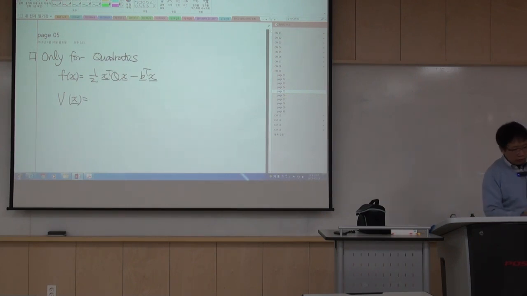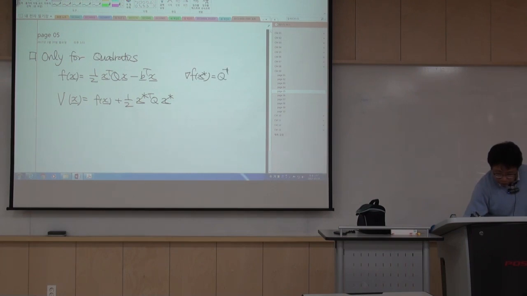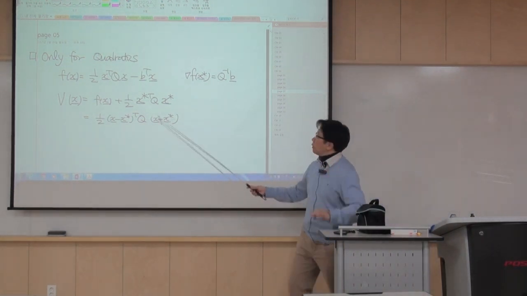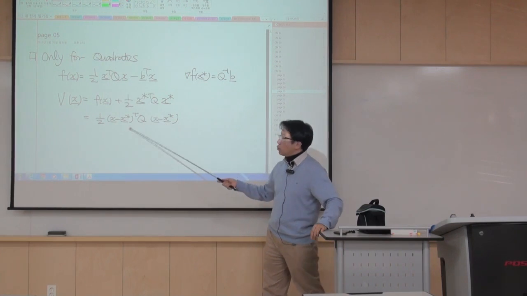V of x equals f of x plus 1/2 x star transpose Q x star, where x star is the global minimizer of this quadratic optimization problem. Then you can easily show that V of x is simply a quadratic form. Be careful: f is a quadratic function, and now V is a quadratic form.